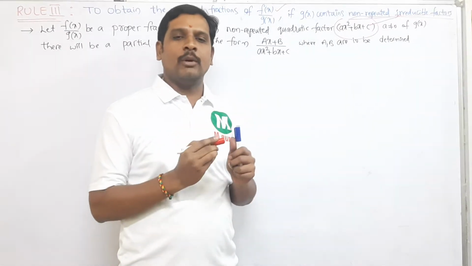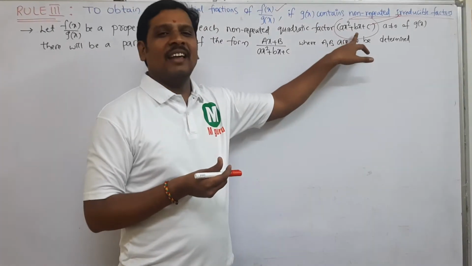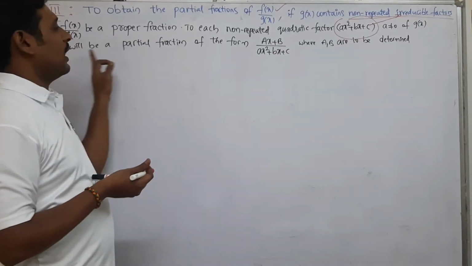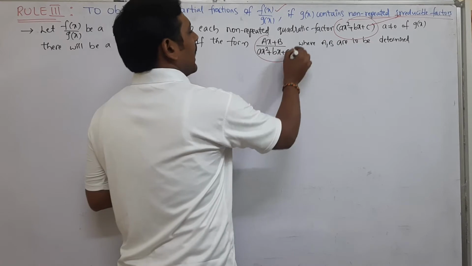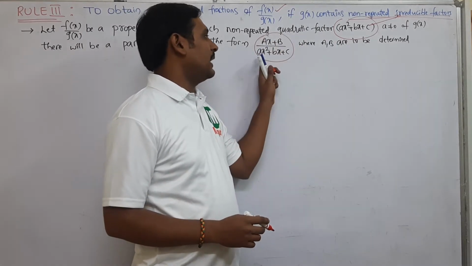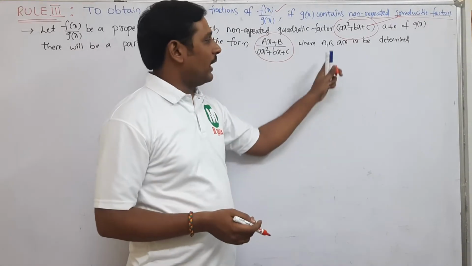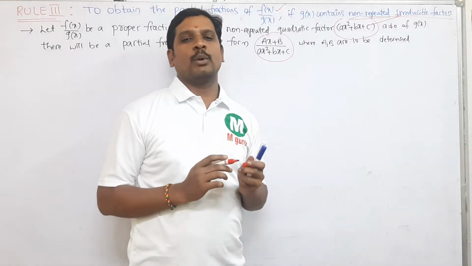When it is reducible, it comes under rule number 1, but when it is irreducible, then for each such factor we need to consider the partial fraction of the form ax plus b by ax square plus bx plus c, where we need to find these values a and b. So this is the procedure.